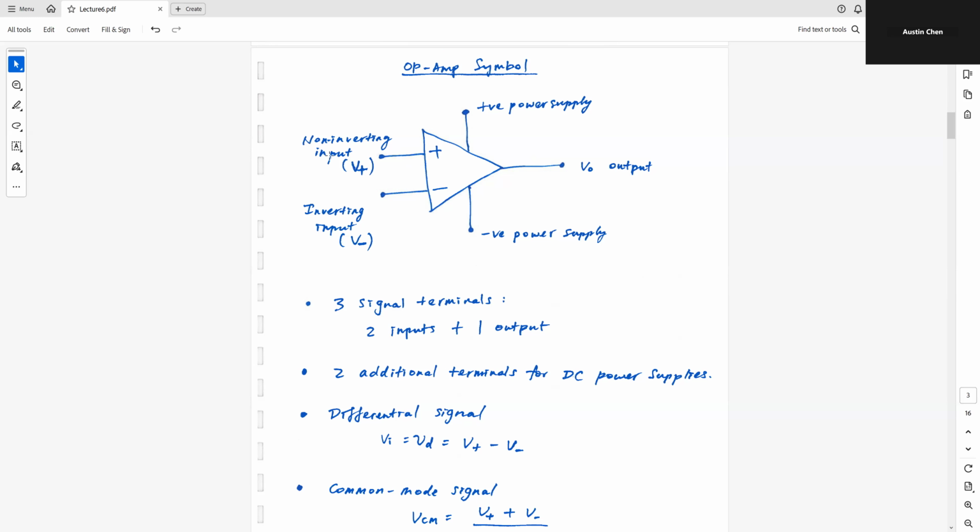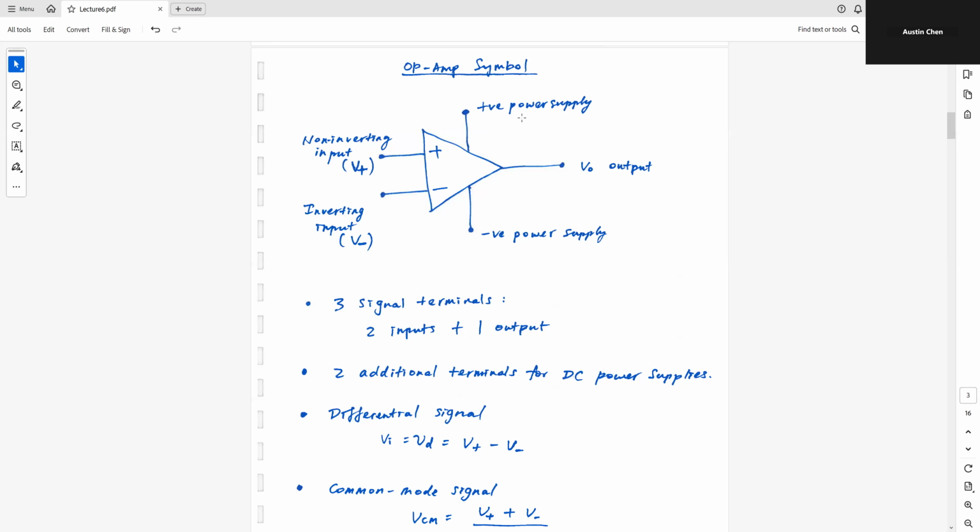The non-inverting input is denoted by V plus. The inverting input is denoted by V minus. I also have an output, which I call VO or V0. Apart from that, I have two power supply pins, and those are for my DC power.